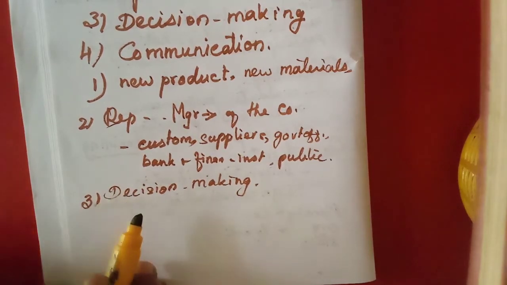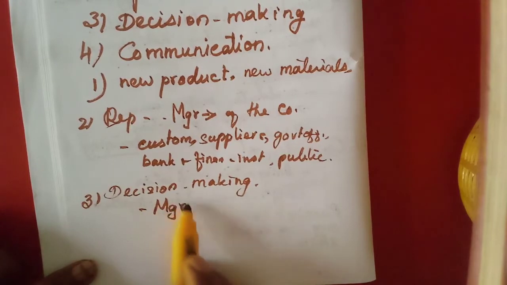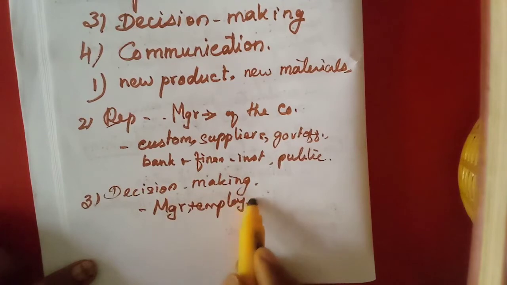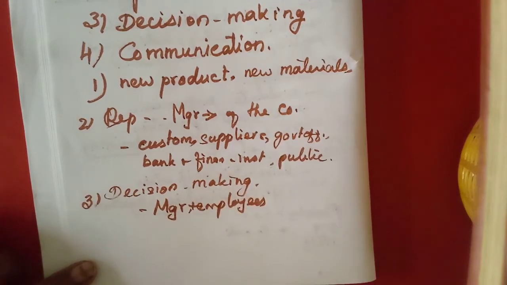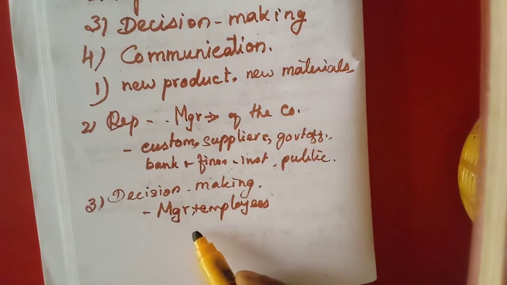Here not only the manager, even employees also take many decisions, isn't it? For example, the management and the teachers in our school both have to take immediate decisions, isn't it?